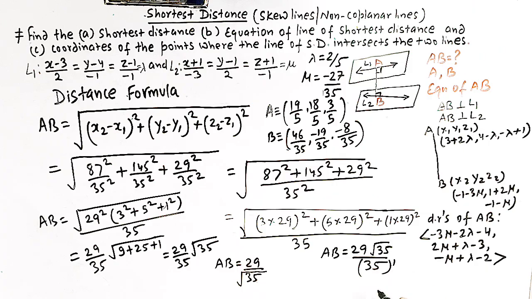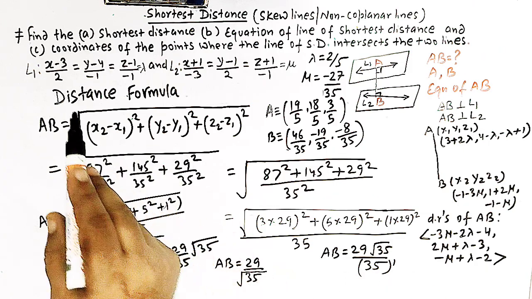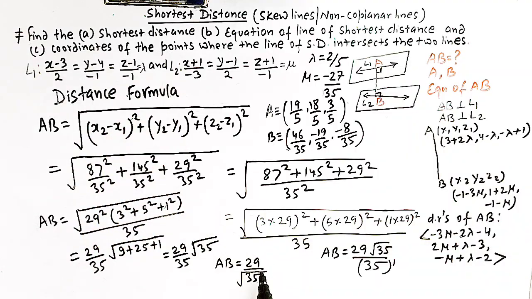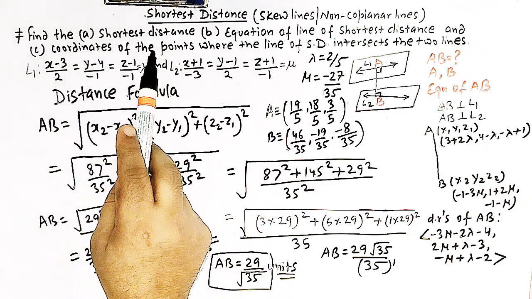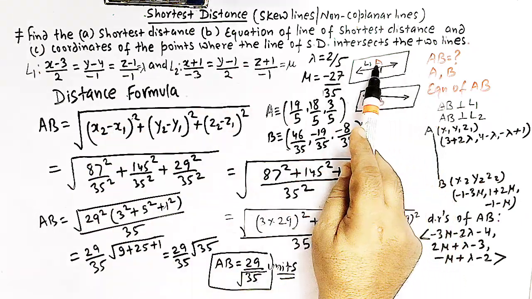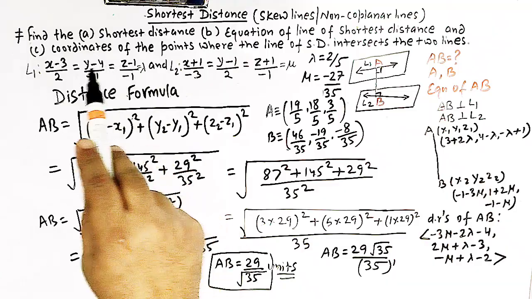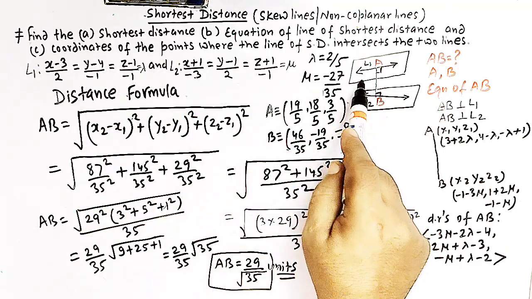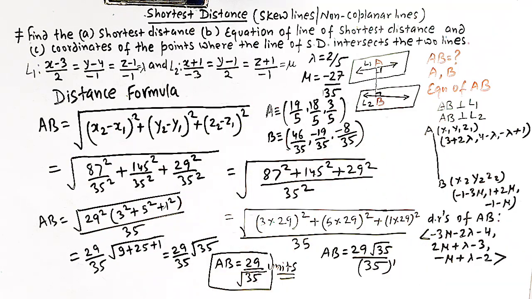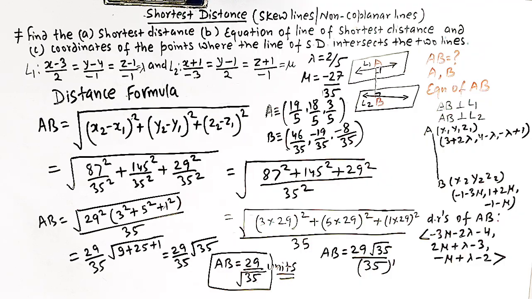So using the laws of exponents, we can finally write the length of shortest distance as 29 over square root of 35 units, right? So this is how we can find out the coordinates of the point A and B, and the length of shortest distance between these two skew lines L1 and L2.